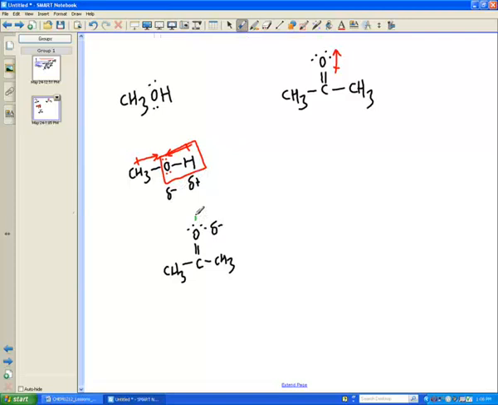And so what we can show, and this is what we usually show for a hydrogen bond, is a dotted line like so. That is a hydrogen bond, only because of this hydrogen atom connected to that oxygen. So the strongest type of intermolecular force here is hydrogen bonding.